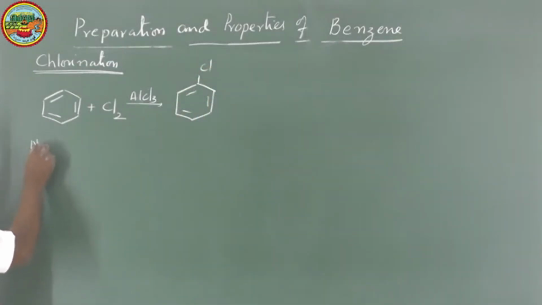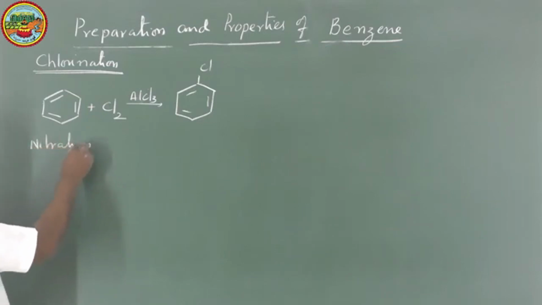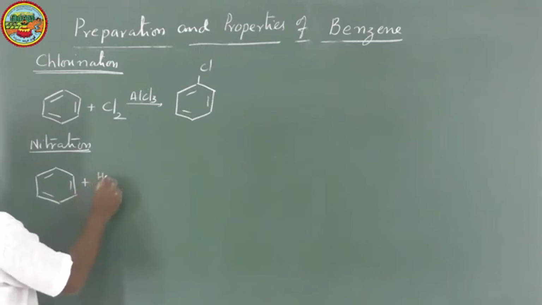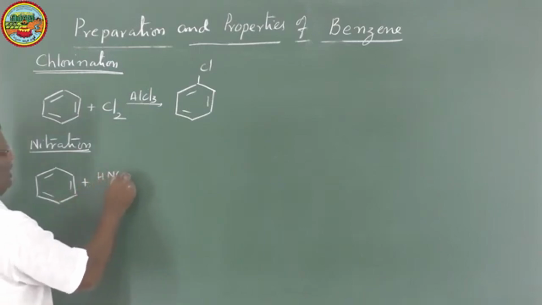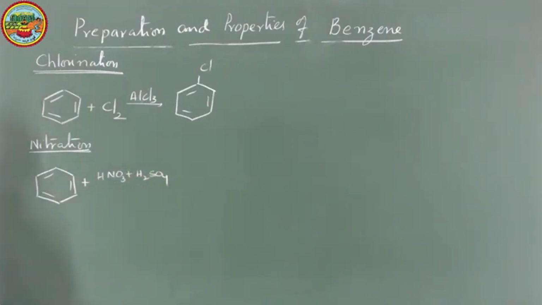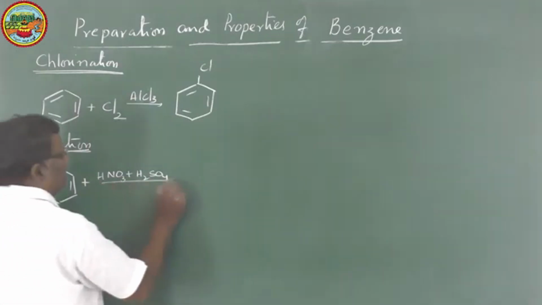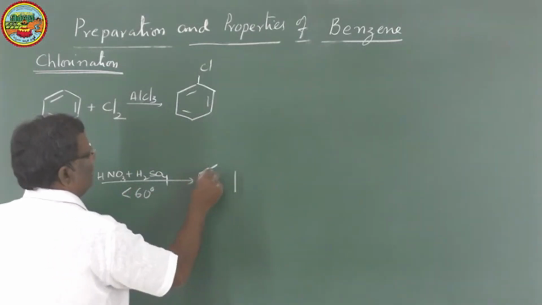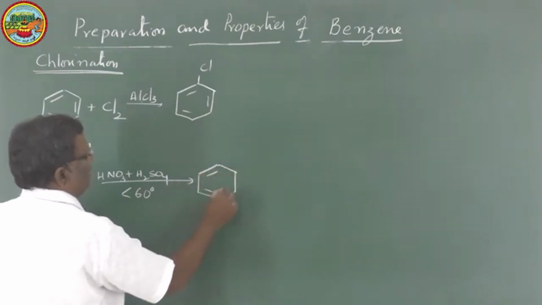Similarly, nitration. Addition of an NO2 group is said to be nitration. Benzene reacts with nitration mixture, a 1:1 mixture of concentrated HNO3 plus concentrated H2SO4. When benzene is heated with nitration mixture below 60 degrees centigrade, we get nitrobenzene.